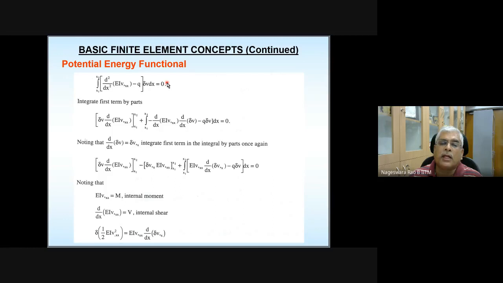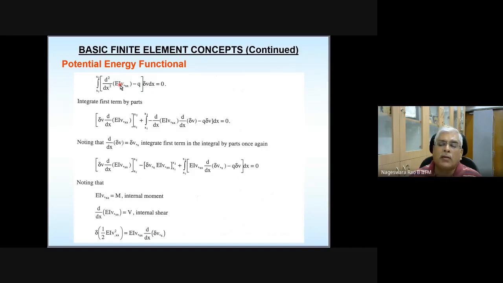At that time, I told that we are going to do it in the case of beams, so you will see that now. Inside the bracket it is already the second derivative of transverse displacement. Over that second derivative you are taking 2 more derivatives, so it's a 4th order derivative. And this equation is for a general case where E and I are functions of x.